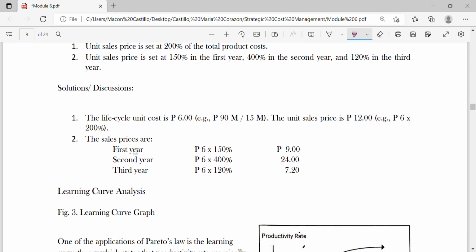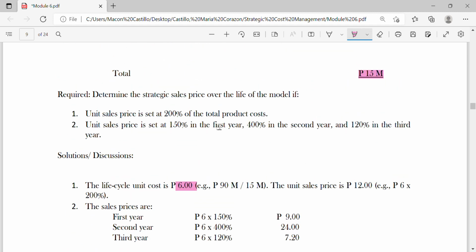For the sales price for the first, second, third year, we'll just multiply the average unit cost by the percentages, 150%, 400%, 120% for first to third year based on the requirement. So we have 9 pesos, 24 pesos, and 7.20.